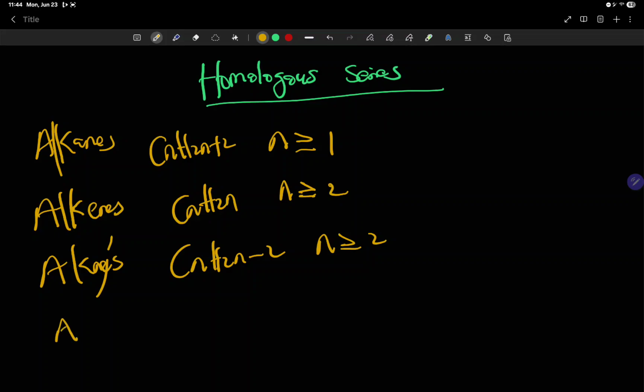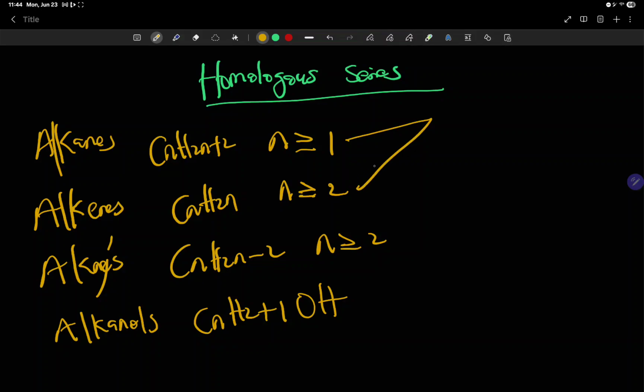The alkanols have a general formula CnH2n plus 1 OH. This class will not last long. We're not going to dive deep. In our next video, we'll dive deeper into some important things you need to know.